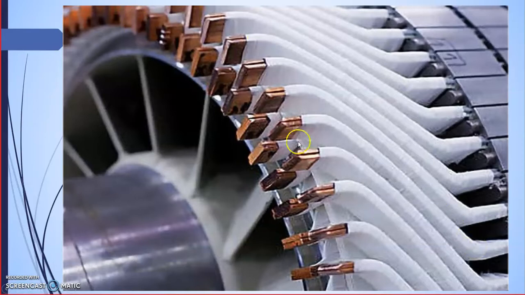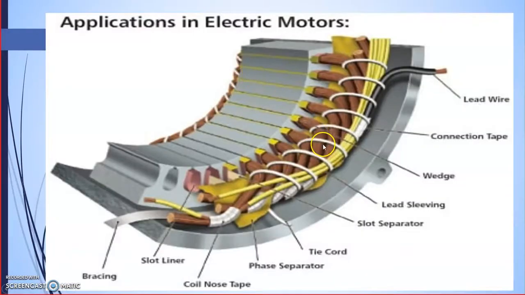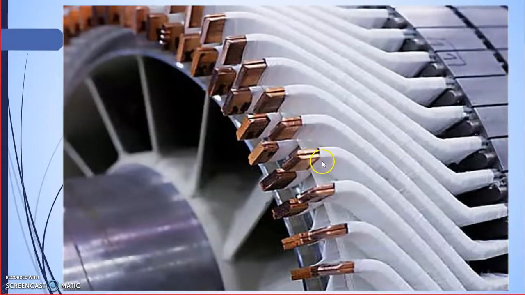Now here I am showing you the sleeves. See how the coils, these are very thick coils, might be higher rating, a huge motor. You can see how thick they are. These coils are very thin, depending upon the ratings. And the sleeves I told you about, these conductors will be passed through the sleeves.